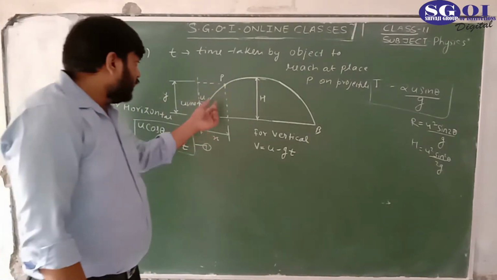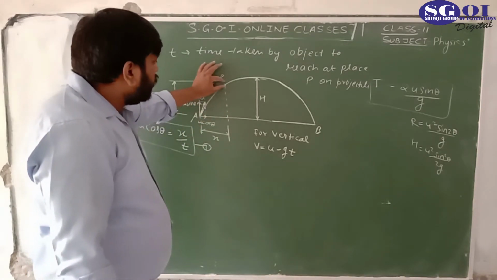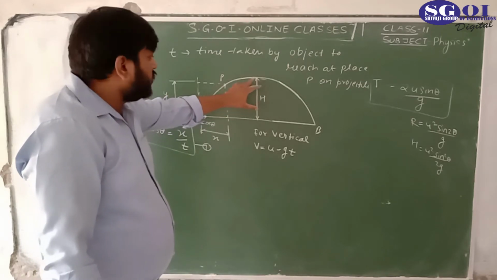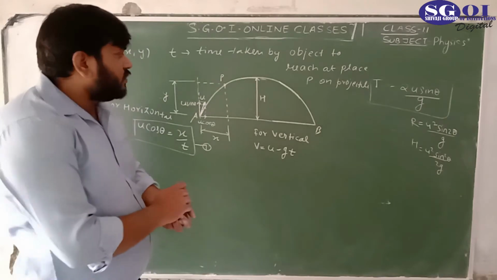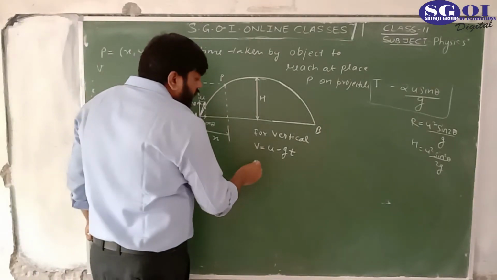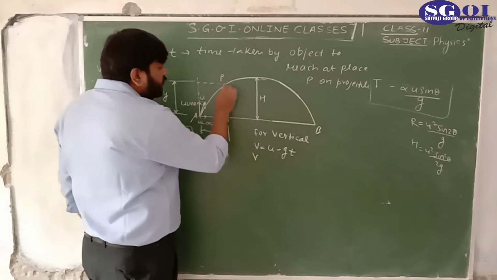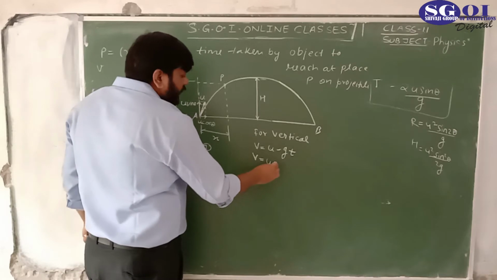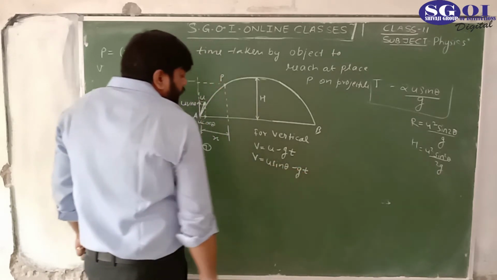One thing you have to note here is that at this particular place the final velocity is not 0, because it is 0 only at the maximum height, and this is not the maximum height case. We are taking a general case, so we represent the velocity at this point as v, and the initial velocity is u sin theta, and this is minus gt.